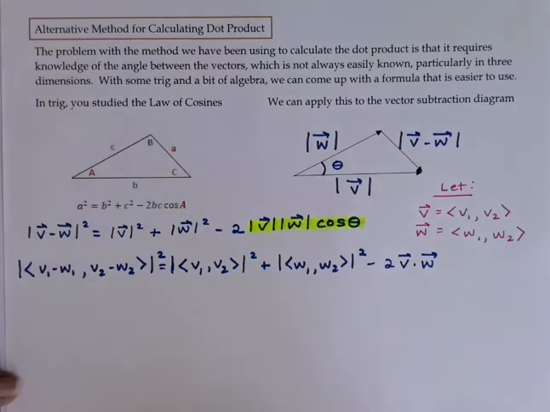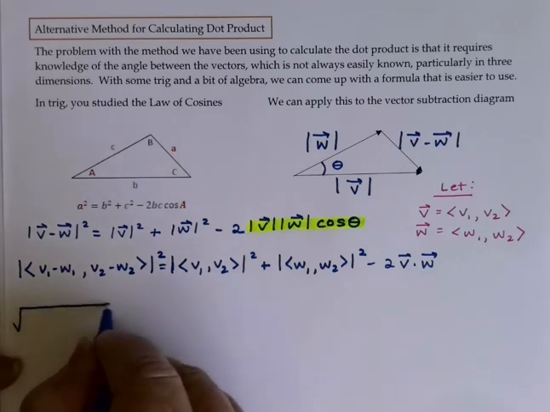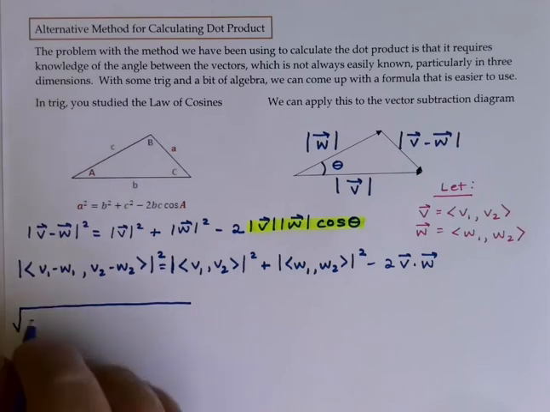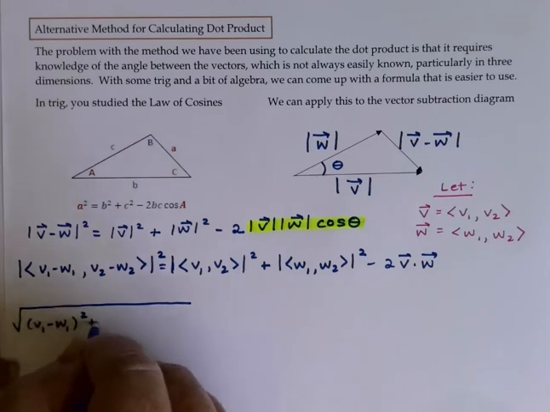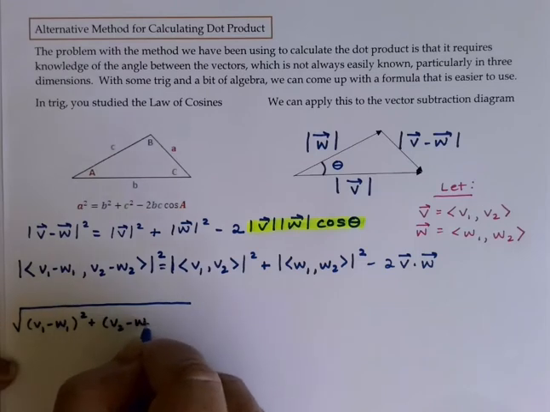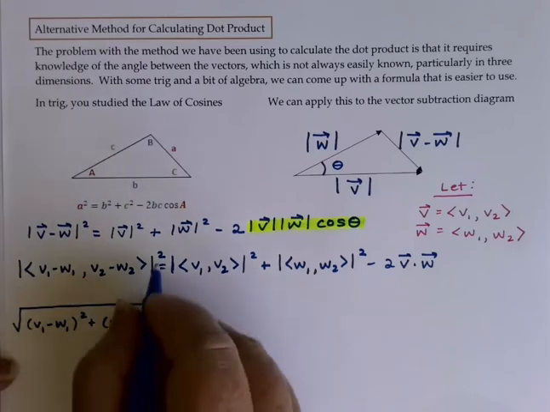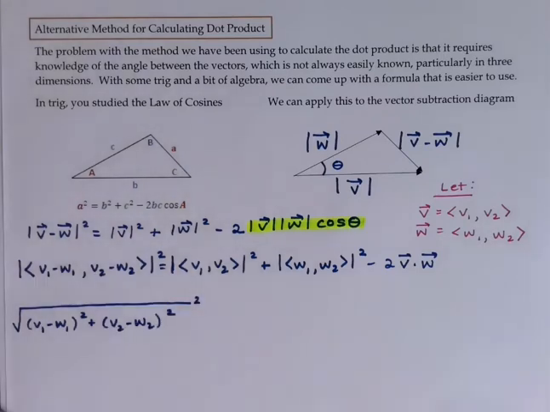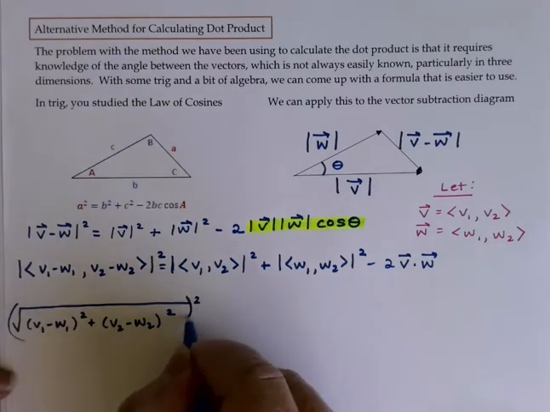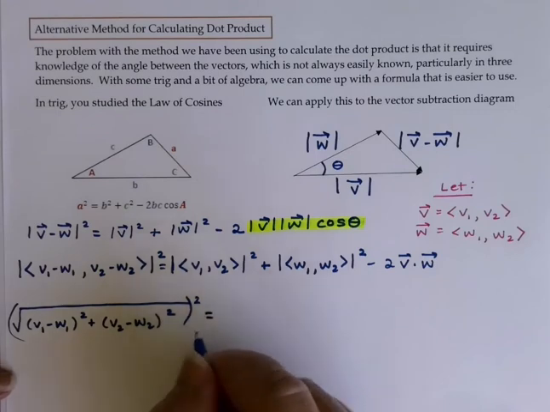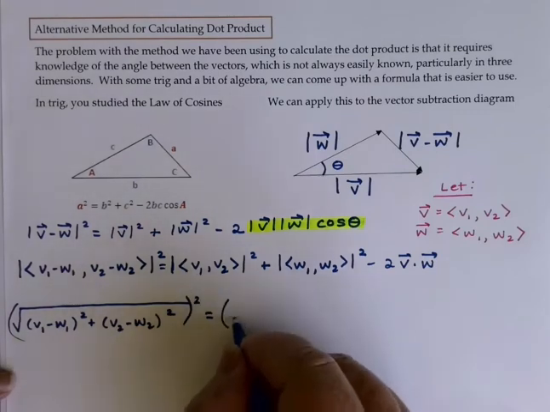So let's go ahead and do the algebra. Let's see here. This would be the square root of v1 minus w1 squared plus v2 minus w2 squared, all squared. So I'm squaring that square root, which will make that pretty nice. Same idea over here.